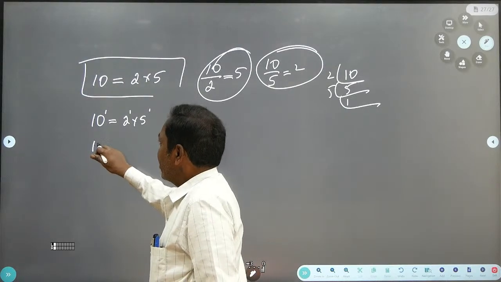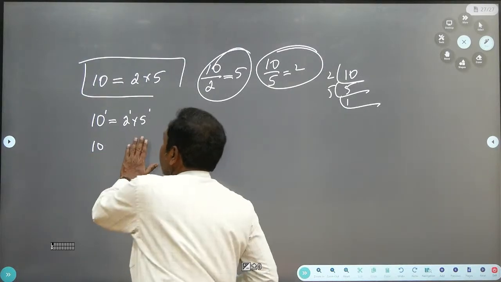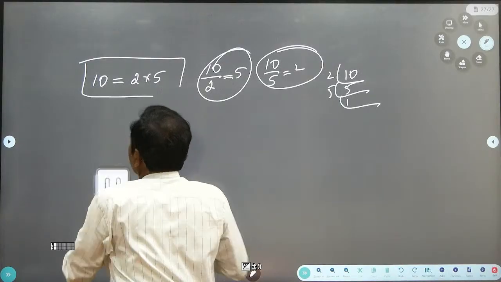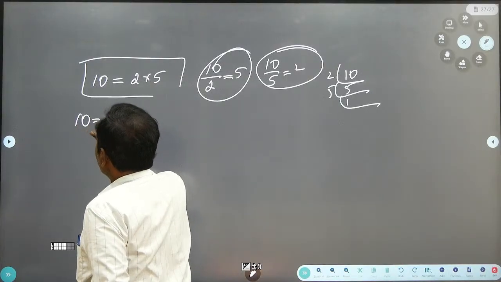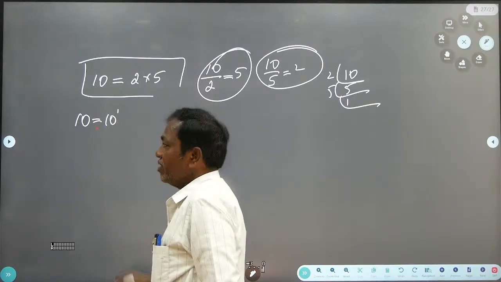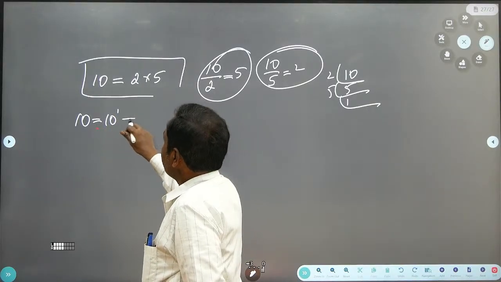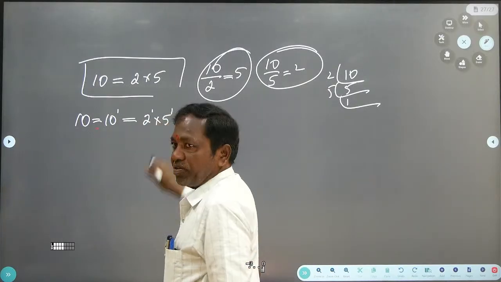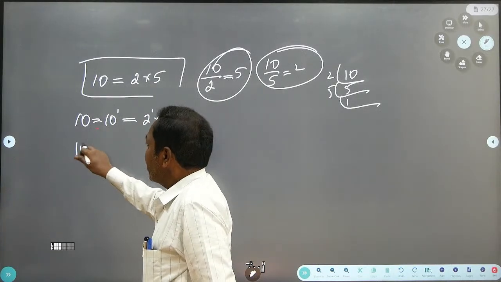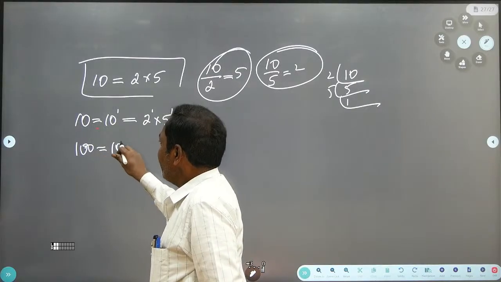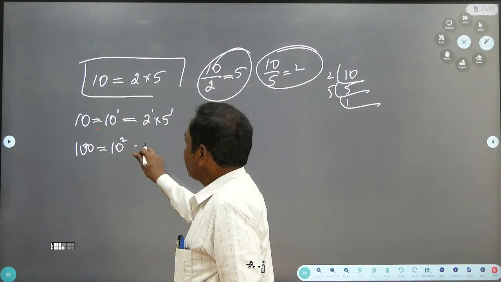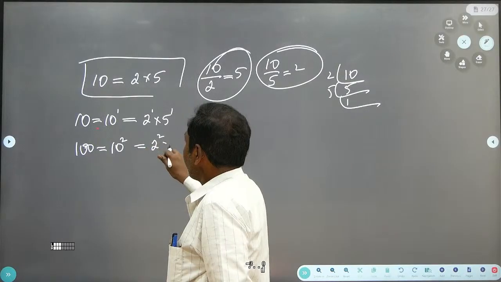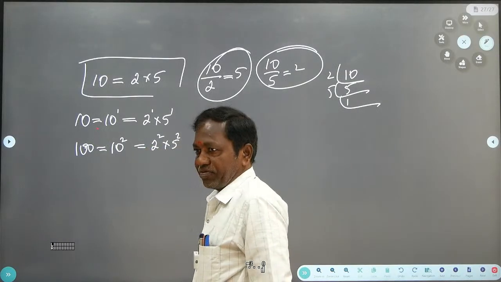Now we can take 100, some more detail, let me write. 10 is equal to 10 to the power of 1. This is equal to 2 to the power of 1 into 5 to the power of 1. If you take 100, it is 10 to the power of 2. It means this is equal to 2 to the power of 2 into 5 to the power of 2.